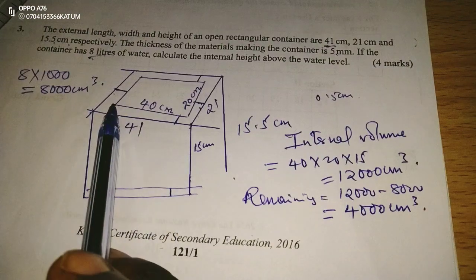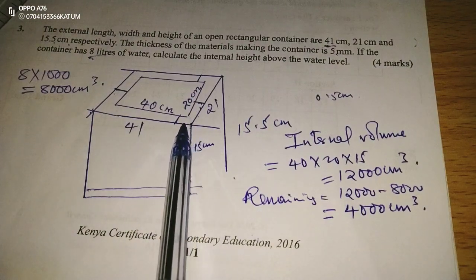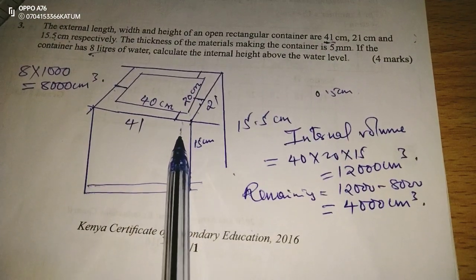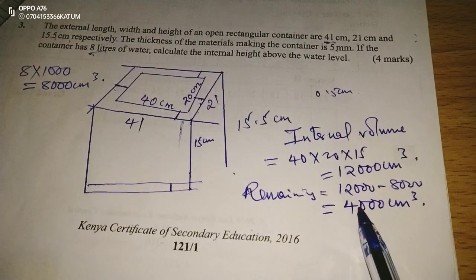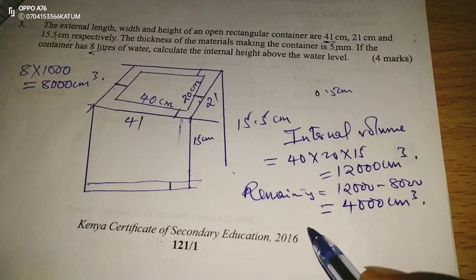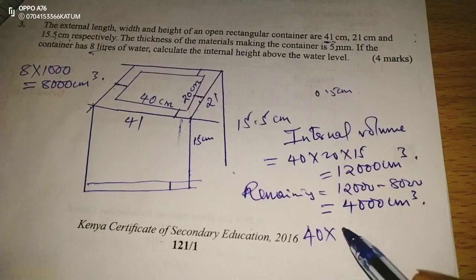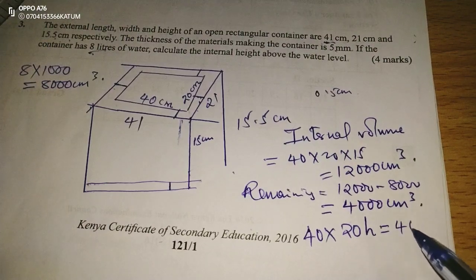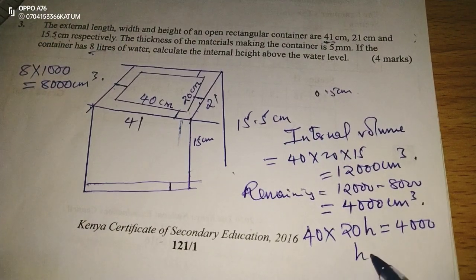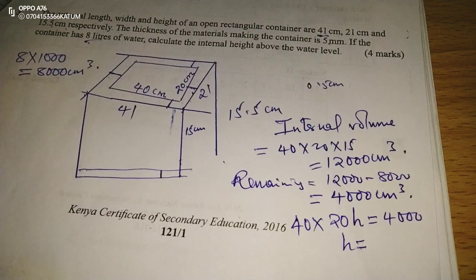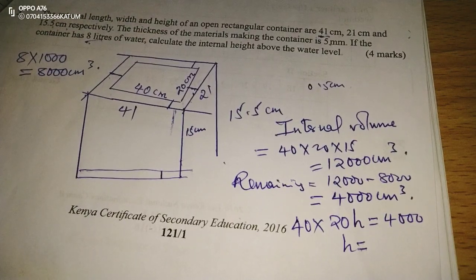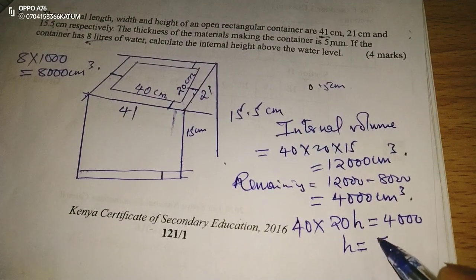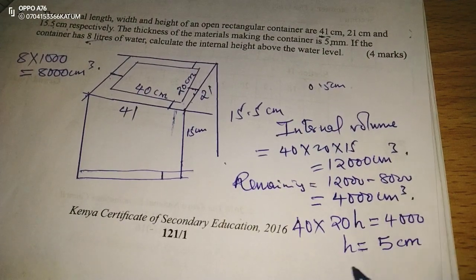And remember, the dimensions are 40 by 20, and now a certain height, which will give us the volume of 4,000. So the volume, which is length times width times a known height, should give us 4,000. So this height is going to be, when we divide 4,000 by 40 and 20, exactly 5 centimeters.